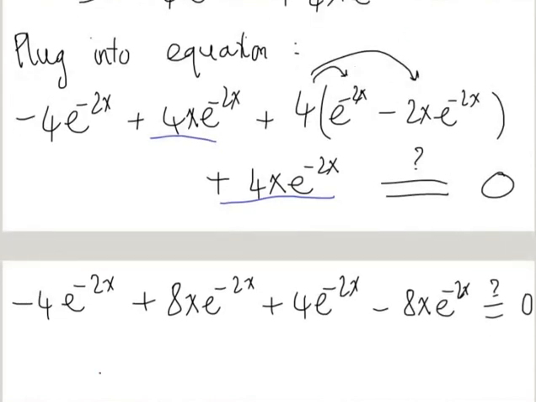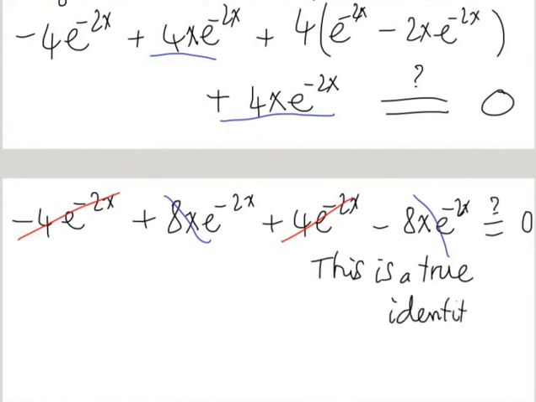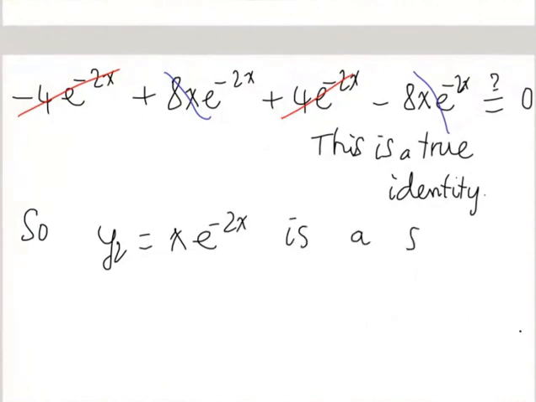And suddenly we see that these terms cancel out, so we do get a true identity. So the conclusion is that y2 equal to x e to the negative 2x is a solution.